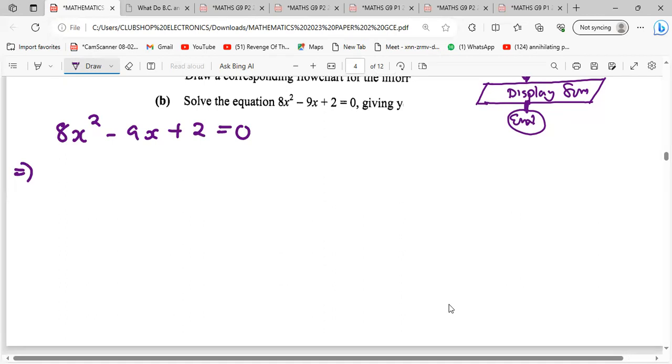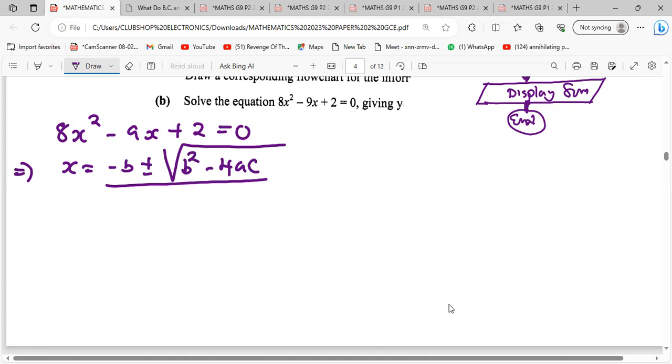So the formula is always given. You have x is equal to negative b plus or minus square root of b squared minus 4ac divided by 2a. So in this regard, our a is equal to 8, our b is negative 9, then our c is what? 2. So we do the substitution.